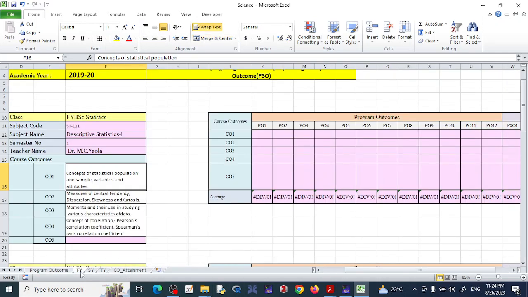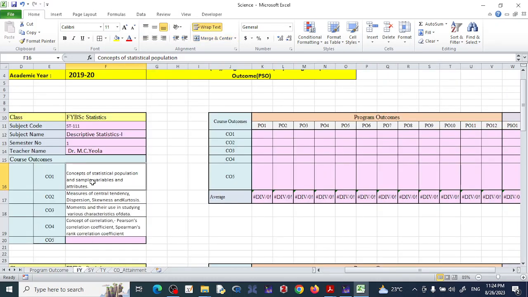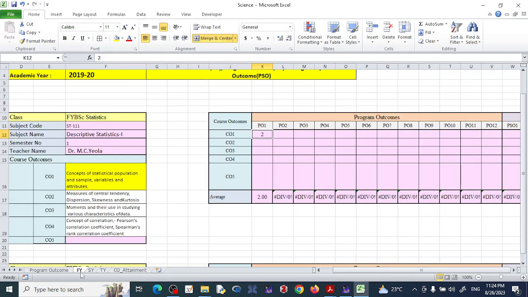Now, while providing a number between 0 to 3, how much of this 3-year program outcome is achieved by this course outcome CO1? That number has to be specified. So suppose I think that 2 of the 3 of this program outcome is achieved by this course outcome, then I will write here 2.